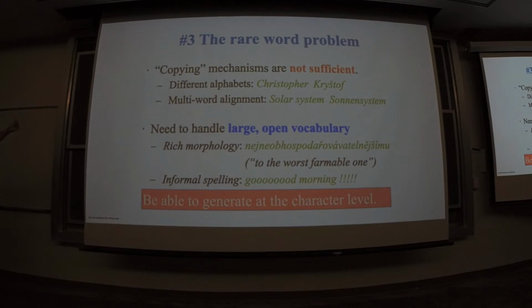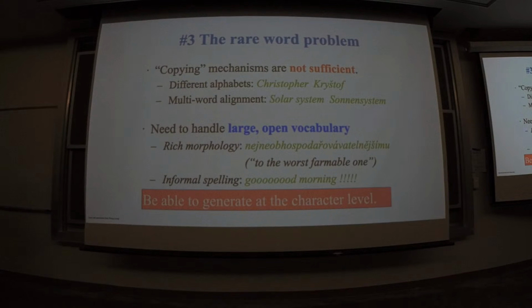And this multi-word alignment is an interesting one, right? We would have two words to say solar system, but in languages like German, you put those together. How do we deal with those? The copy mechanism is about having tokens for each one of those things. How should we know to combine those?